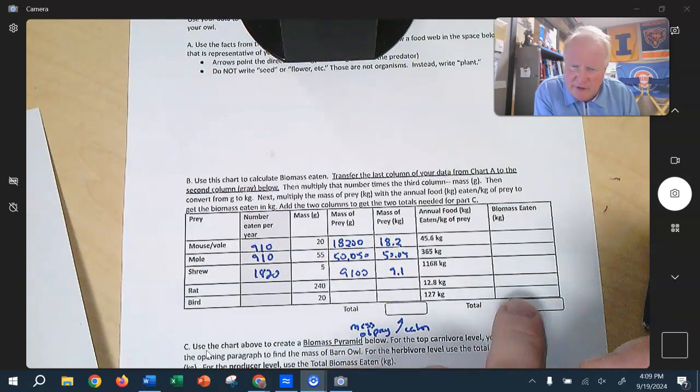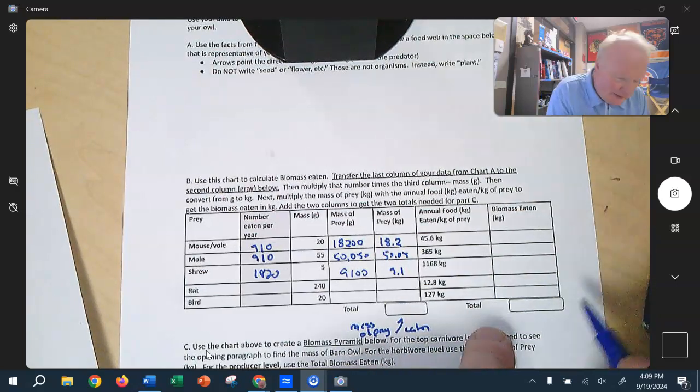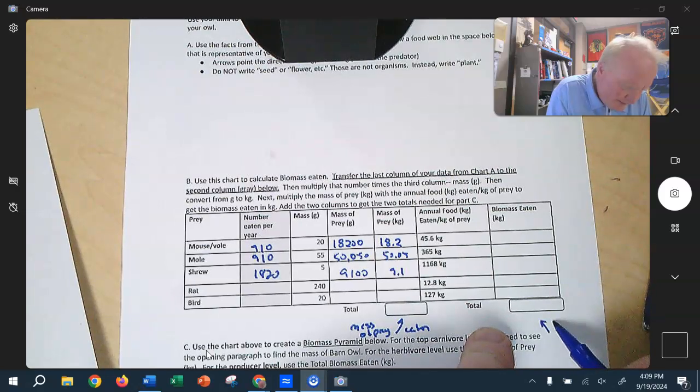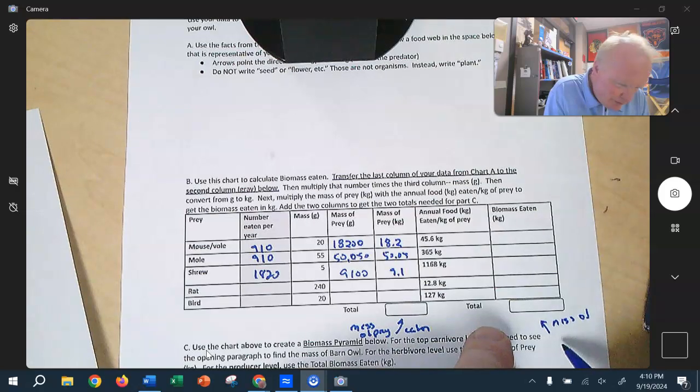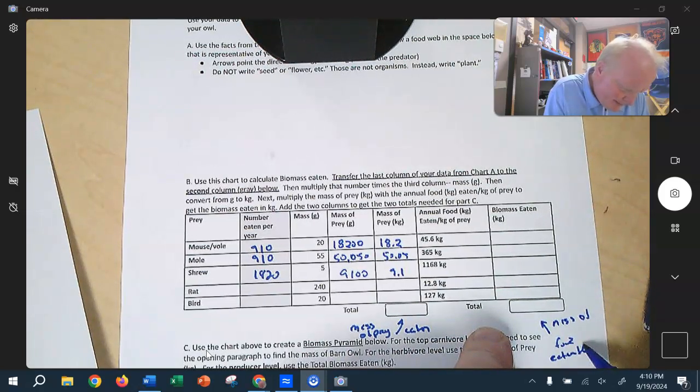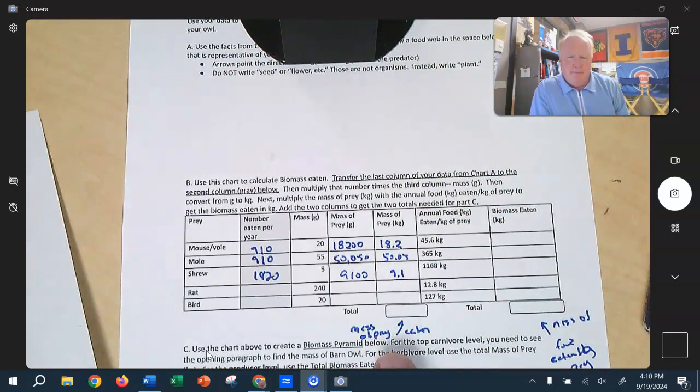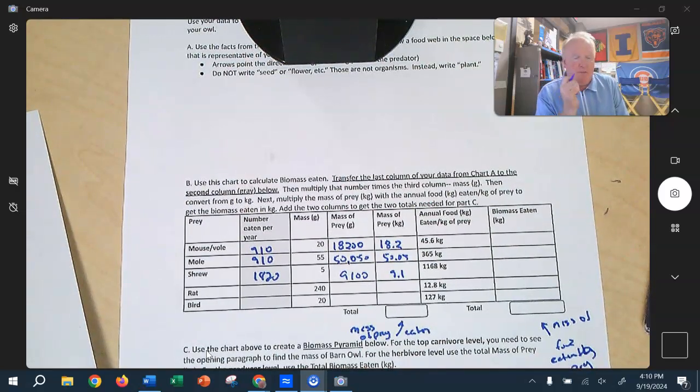And then we'll finally get a total. And so this second total here is the mass of food eaten by the prey. Okay, so we got the amount of prey eaten by our owl and the amount of food eaten by the prey. And that's going to be important for your numbers going forward.